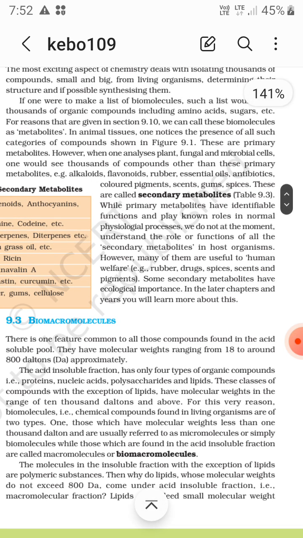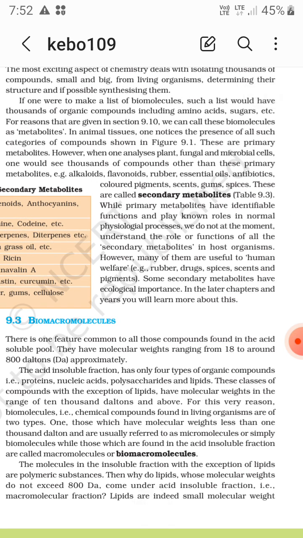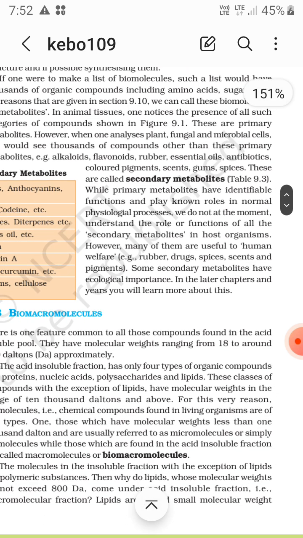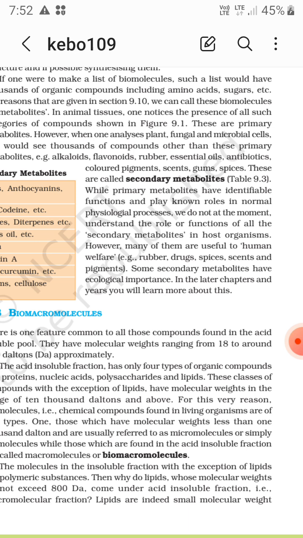Now primary metabolites have identifiable functions, and they play roles in normal physiological processes. We do not know at the moment the role or functions of all the secondary metabolites in host organisms.